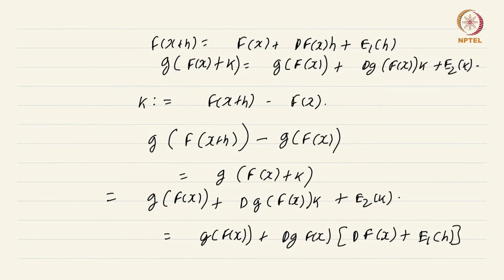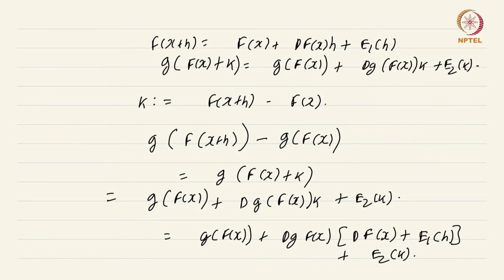Okay, this is dg of f of x acting on the vector dfx plus e1h plus e2 of k. Okay, so we have got something very similar to what we want.